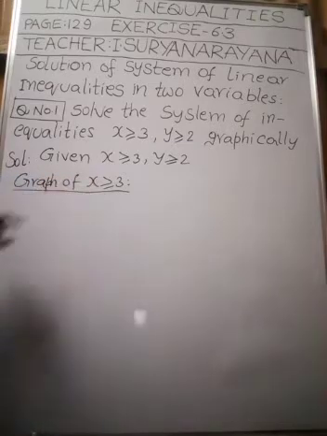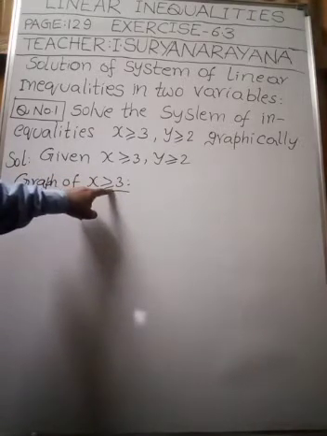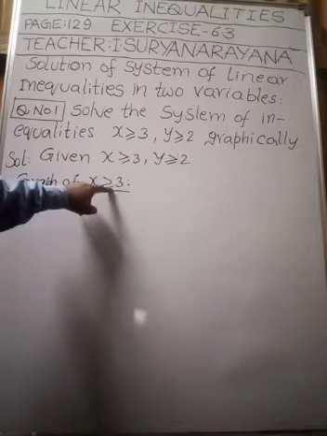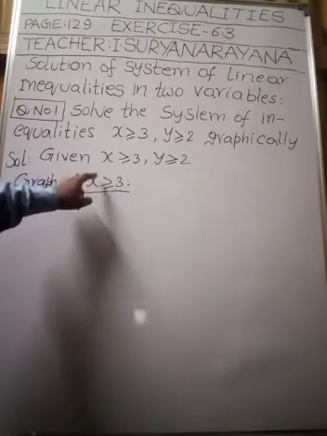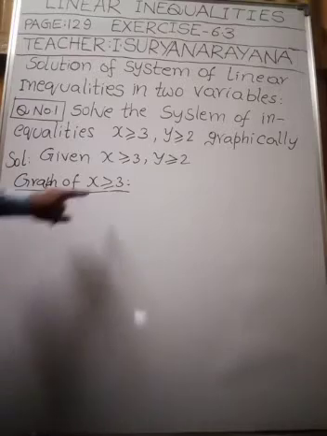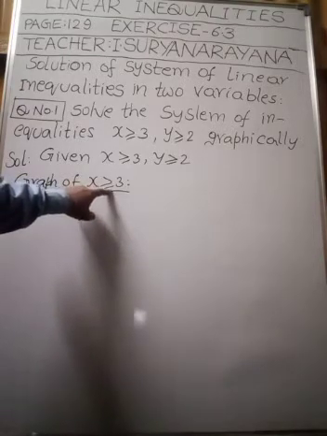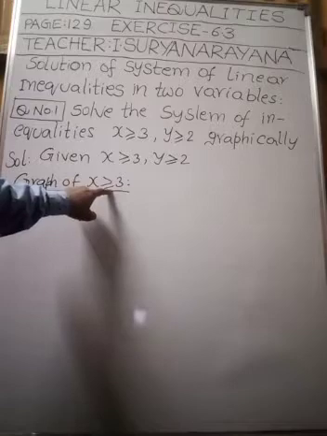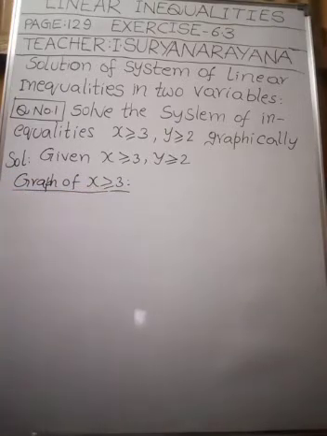Here the greater than or equal to sign is there. So what is the equation? x is equal to 3. Do we have to draw a dark line or a dotted line? Yes, a dark, thick line, because the greater than or equal to symbol is there.